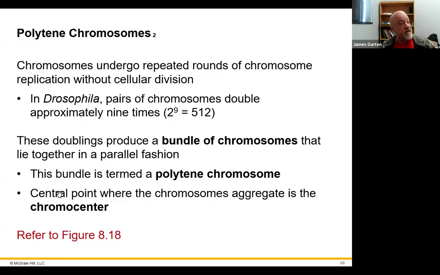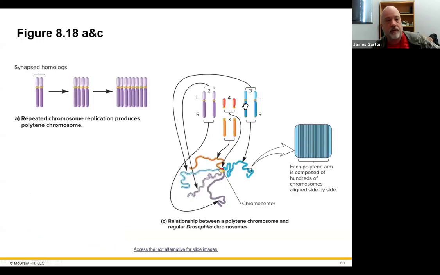And that vaguely central point, where all of that stuff comes together, is called the chromocenter. And there's the action of just copying over and over and over again, and it's not followed by cell division. So they all stay stuck together.